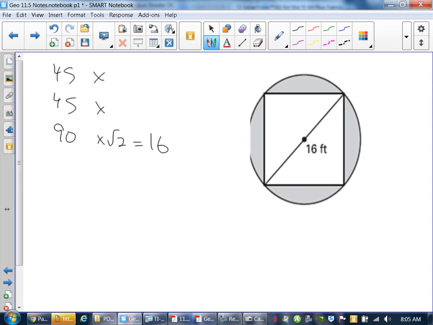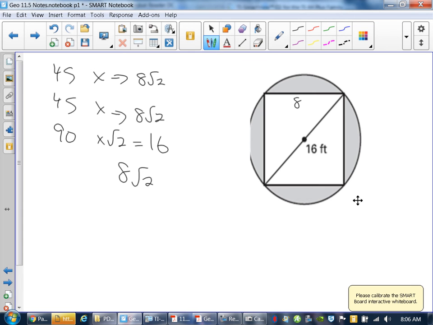This was a one-step algebra problem. You divide 16 by the square root of 2, and you get 8 root 2. The calculator does that rationalization for you. That means across from each of these would be 8 root 2.